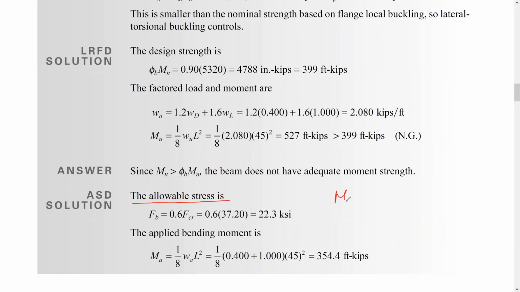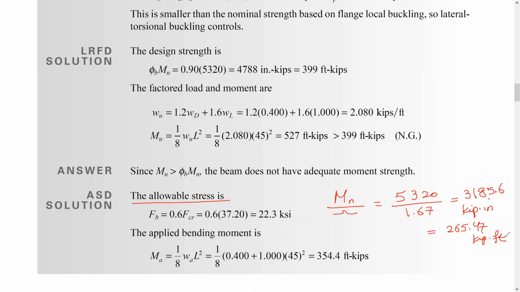So the nominal strength divided by the safety factor, which is the nominal strength we got, the least one here, 5,320 divided by 1.67, which is 3,155.6, which is here in kip inch, dividing by 12, you will get this much, 265 point. This is kip foot, sorry.